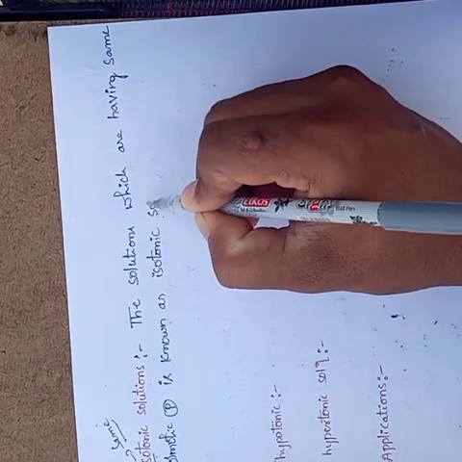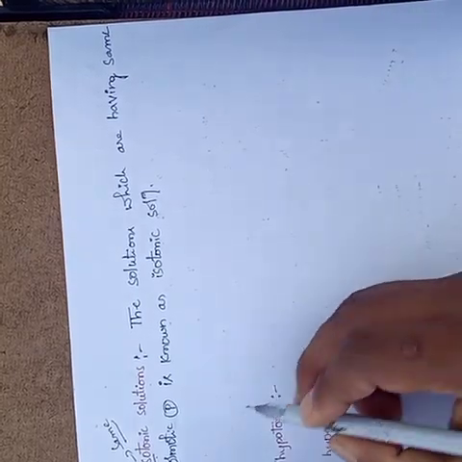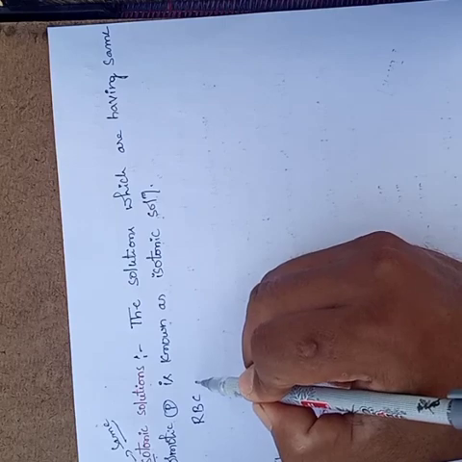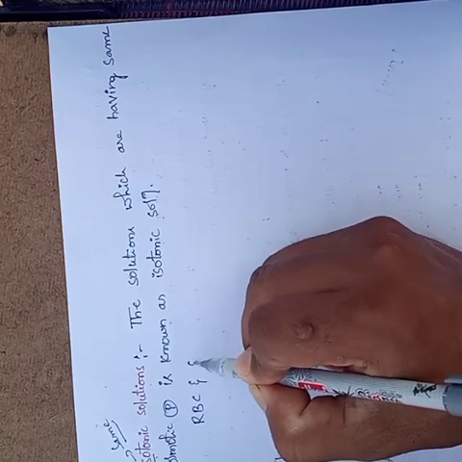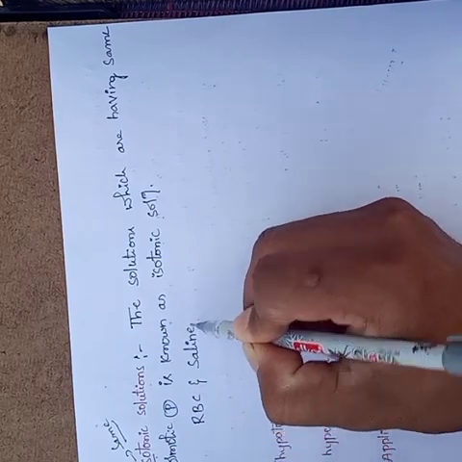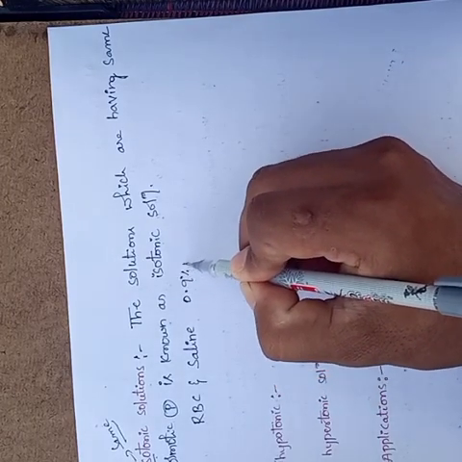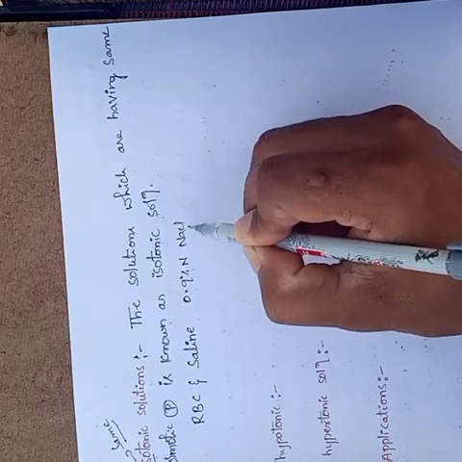Examples: the RBC cells, meaning red blood cells, are isotonic with saline. Here saline is nothing but 0.9% normality of sodium chloride.